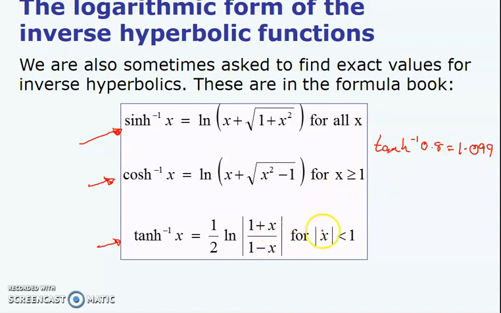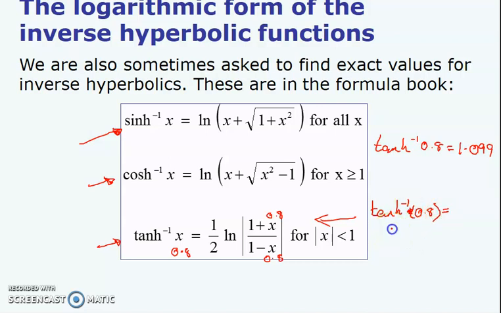Now why does that matter? Because let's just check it in this formula here. So the inverse tanh of 0.8, now obviously the x is 0.8, so I can substitute the 0.8 into here, and it will give me, if you like, an exact answer.